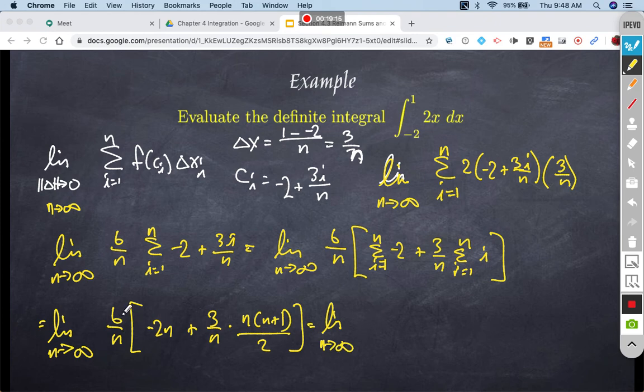So I'm going to go 6 over n times a negative 2n, which is going to be negative 12. Here, let's cross out those n's to make this a little easier.